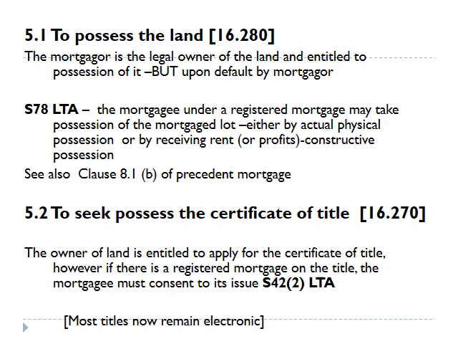The second one is the right to possess the certificate of title. This is a right of the mortgagee where there is a certificate of title in paper form.